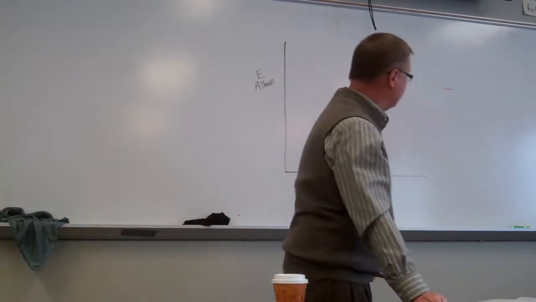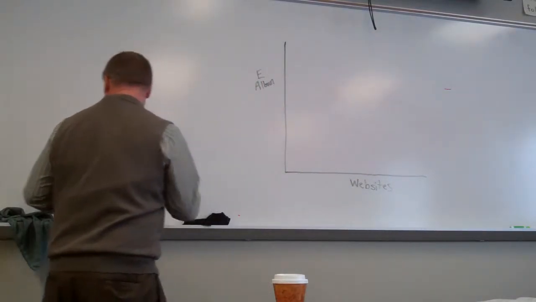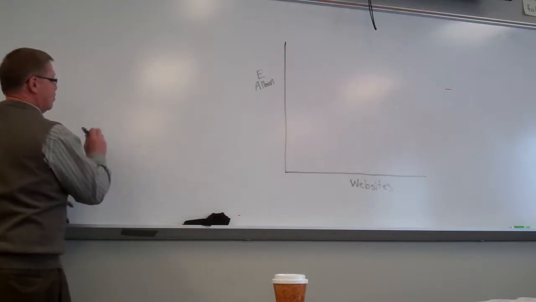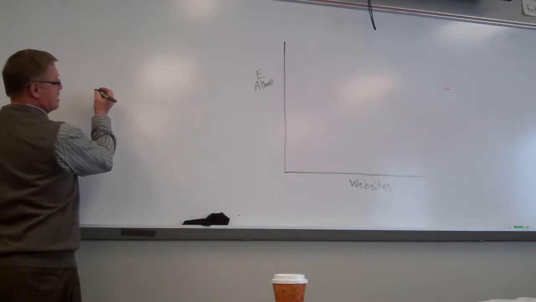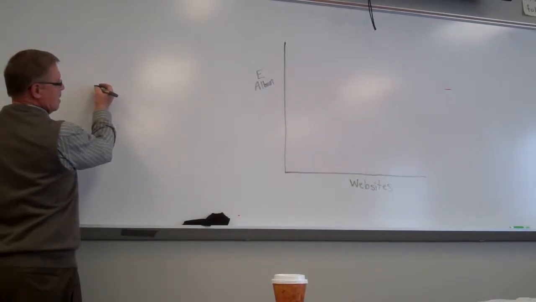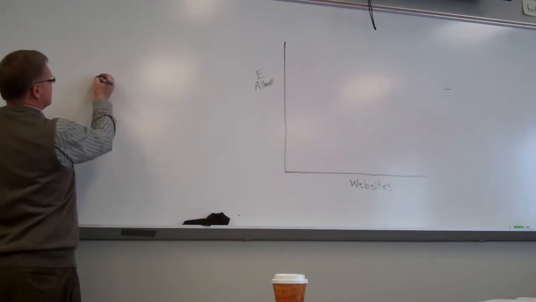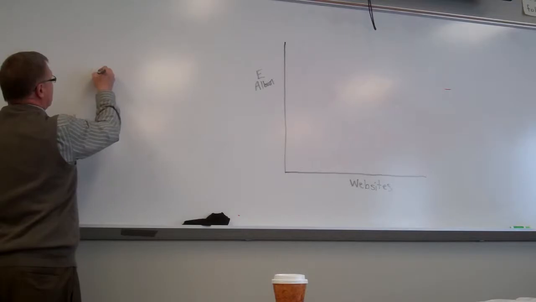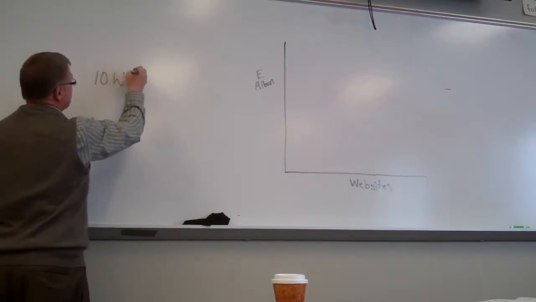First, our hours available. Help me with this, Caden. How many planning hours does it take for a website? The website requires 10 hours. So that's 10 for every website.